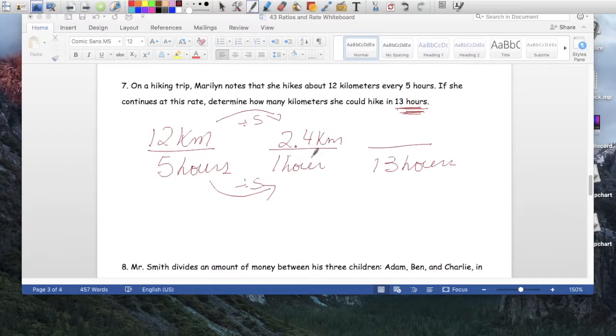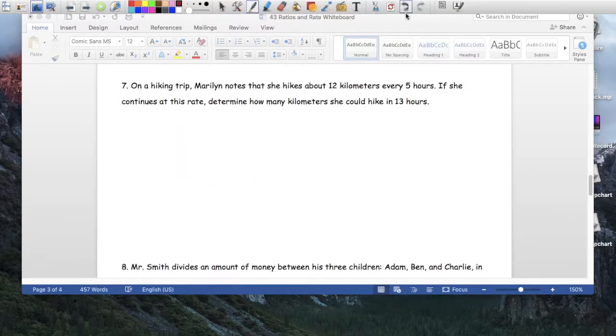So in 1 hour, she can walk 2.4 kilometers. Now it's very easy to go from the unit rate to what we want to know, which is 13 hours, times 13. 2.4 times 13 equals 31.2 kilometers.